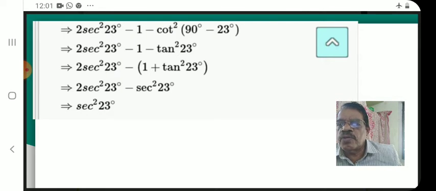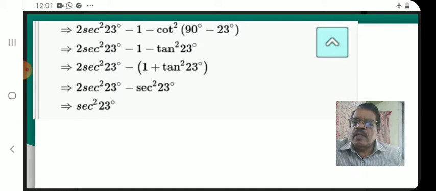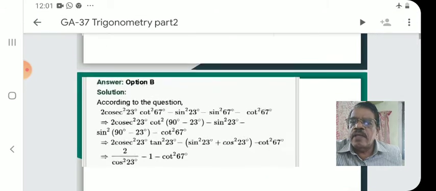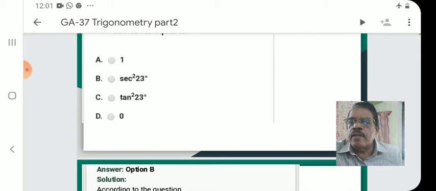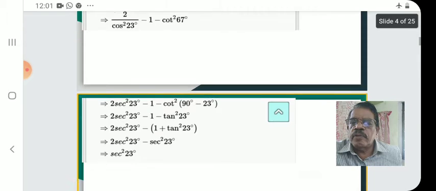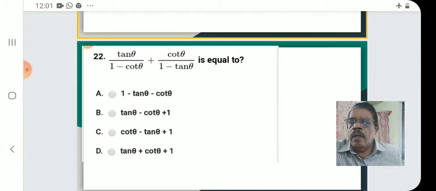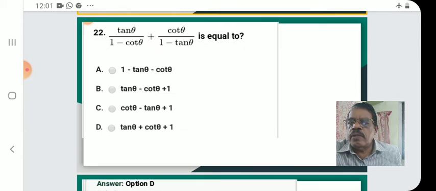So we write 2 sec square 23 minus sec square 23 equals sec square 23 degree. That is the answer. Answer is B, sec square 23. So many calculations are there. Next question, 22nd question.